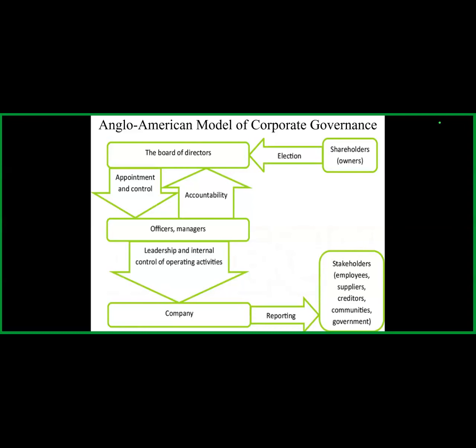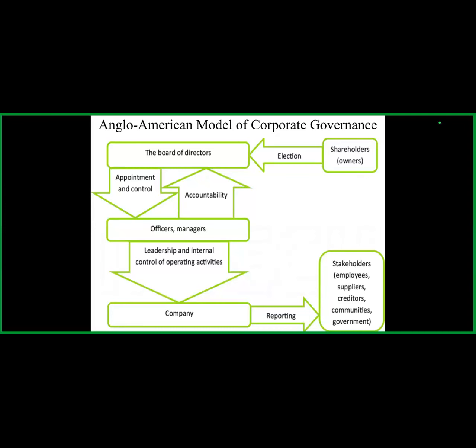In the last sessions, when we were discussing the role of corporate governance in India, we had discussed that the auditors, the managers, the senior managers, are accountable towards the board of directors.